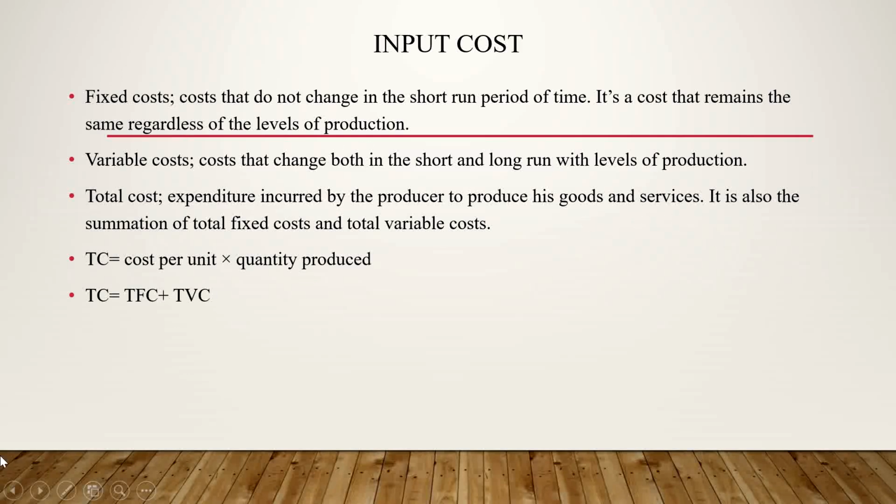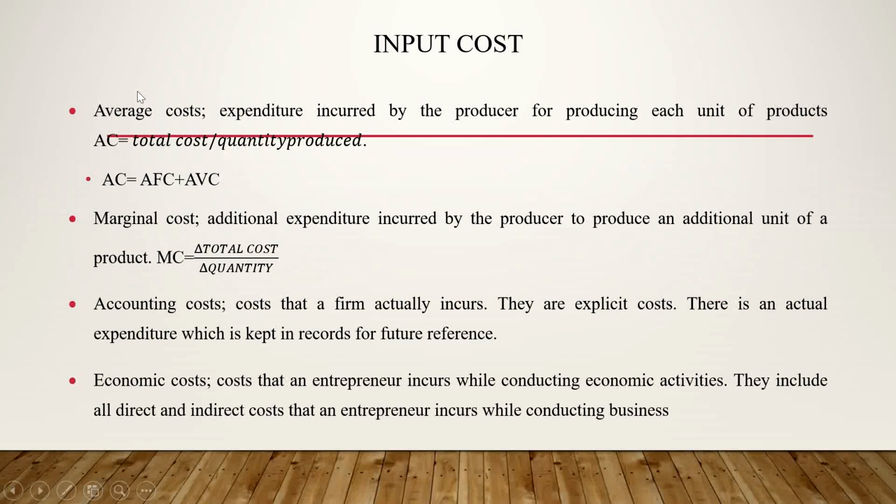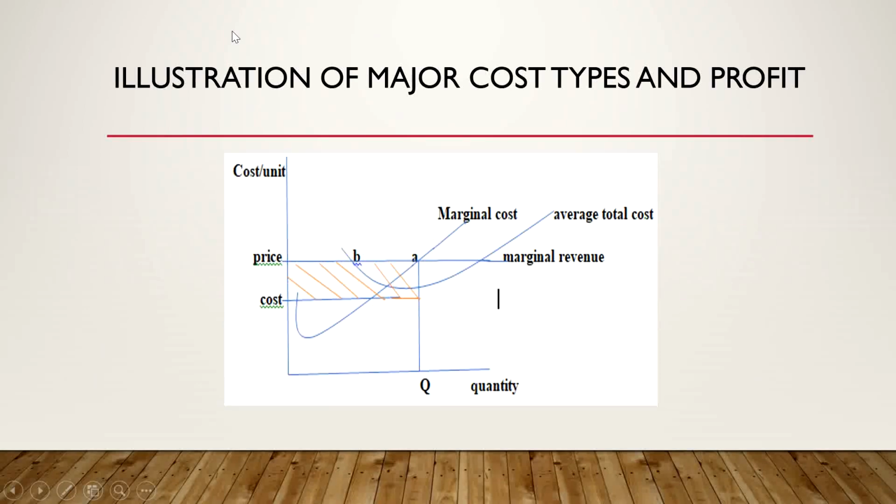These can be categorized under the total cost, with the formula, as you can see, cost per unit times quantity produced. We have also average costs, marginal costs, accounting costs, economic costs, a number of them.